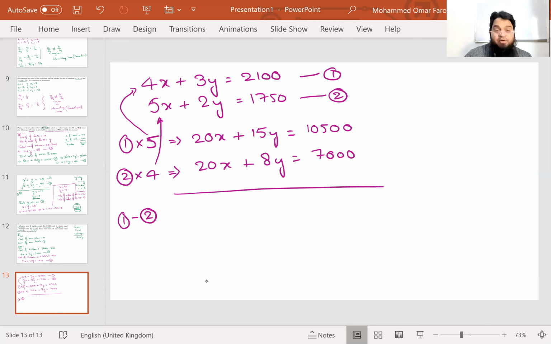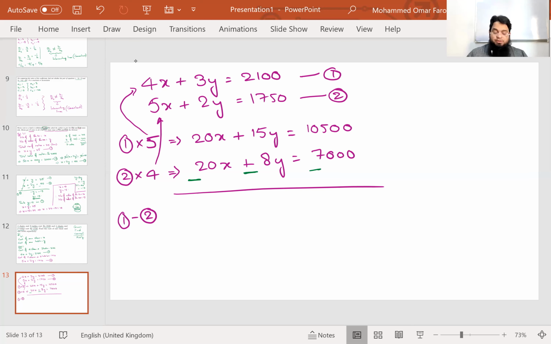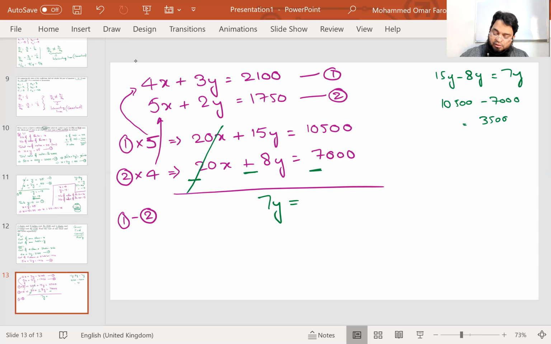Whenever we subtract, the sign changes for each term of the second expression. So this becomes minus, and this also becomes minus. 20x minus 20x gets cancelled. 15y minus 8y equals 7y, equals 10,500 minus 7,000, so it is 3,500.